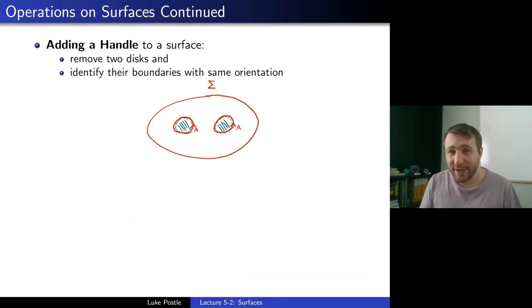There's also adding a handle. That again deals with just one surface, but you remove two different disks and identify their boundaries with the same orientation. Here I've drawn it: we match counterclockwise to counterclockwise points, and this will again merge those half neighborhoods. Why is it called adding a handle?